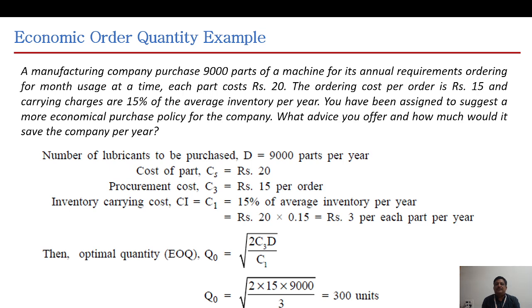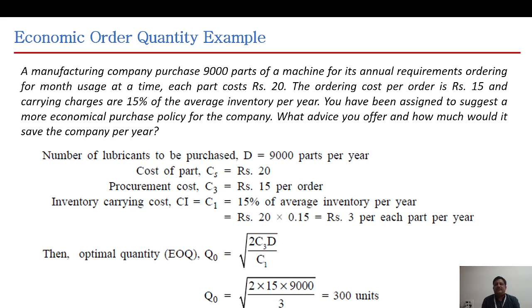The number of parts to be purchased is 9,000 parts per year. The cost per part is 20 rupees. Then the procurement cost C3 is 15 per order.